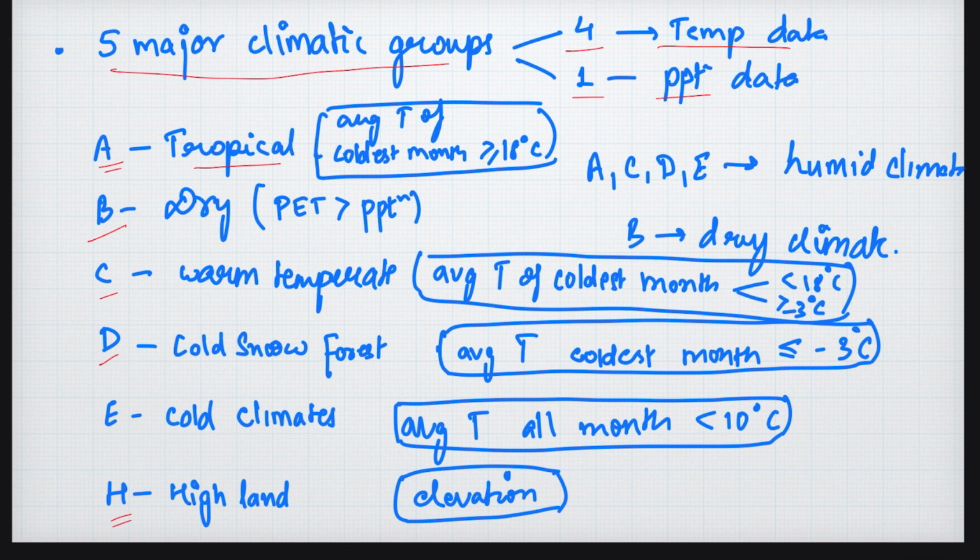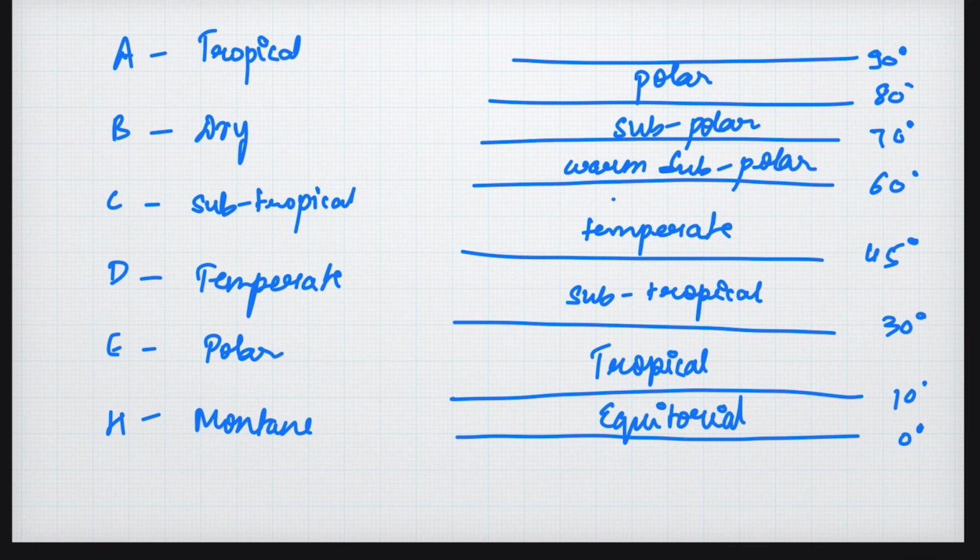Now for a better understanding of the climatic distribution, you can use this diagram. See, for 0 degree to 10 degrees, say this is north, the same will follow in the southern hemisphere as well. So for 0 to 10 degrees north or south, it is equatorial type of climate.